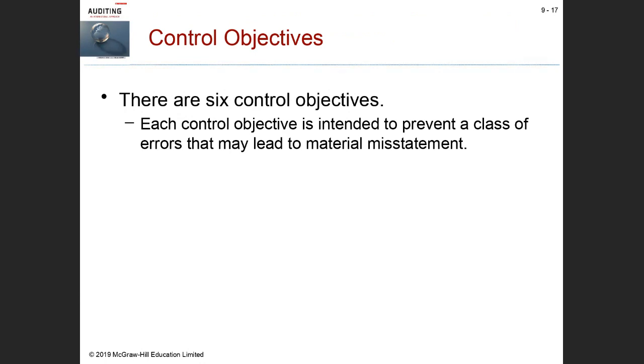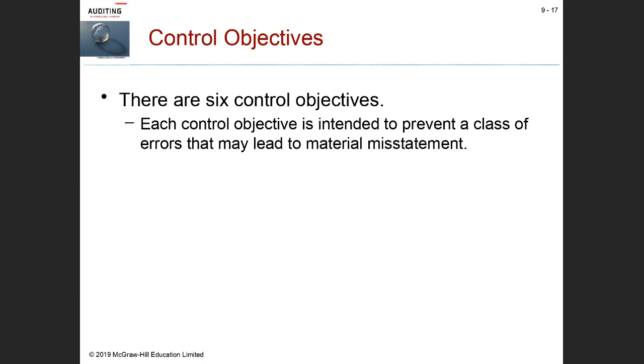Now, what we're going to talk about next is actually one of the most important topics in the entire course. Management's internal control system is designed to prevent, detect, and correct errors. What are the errors that the internal control system should prevent, detect, and correct?